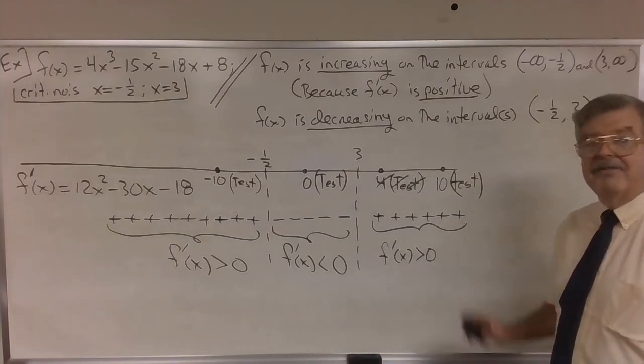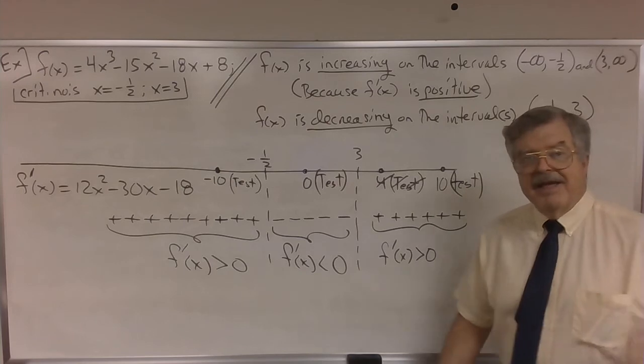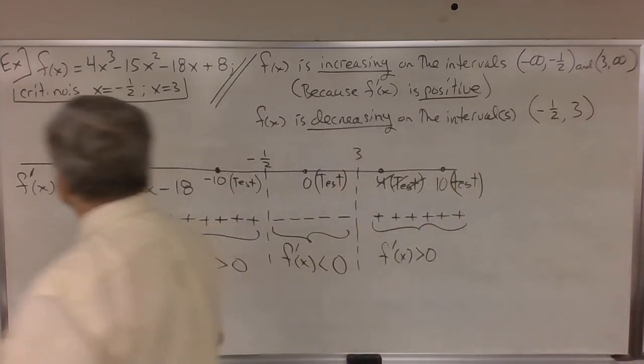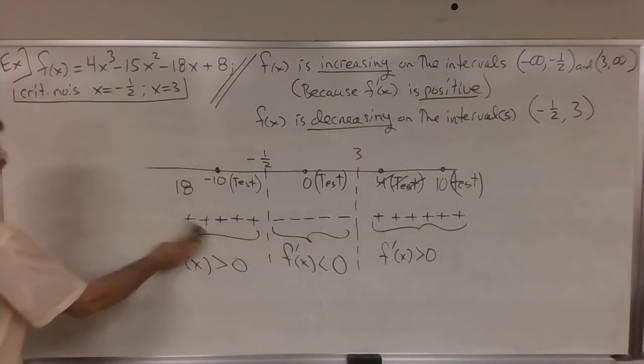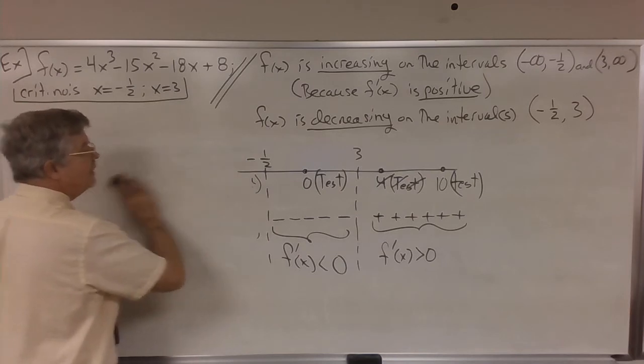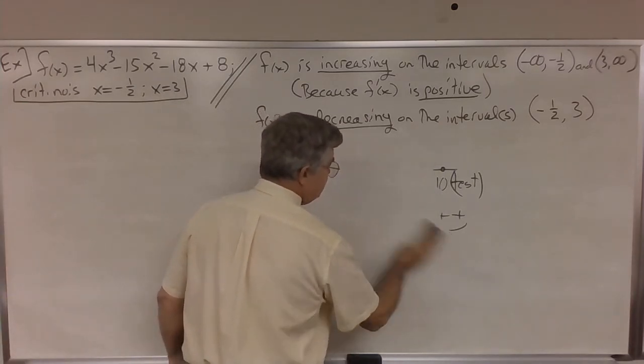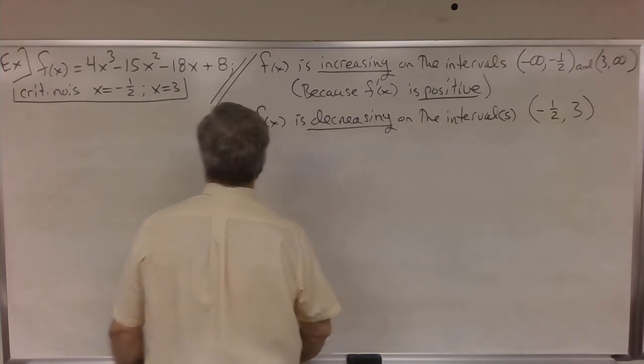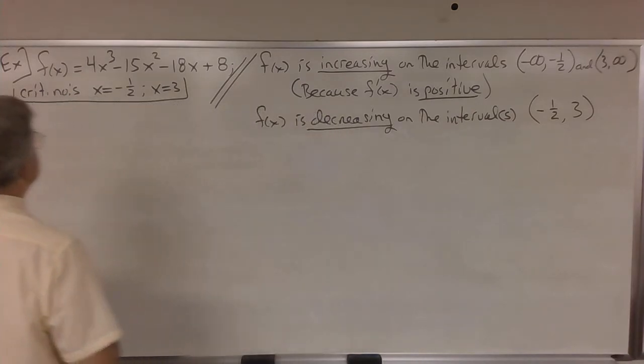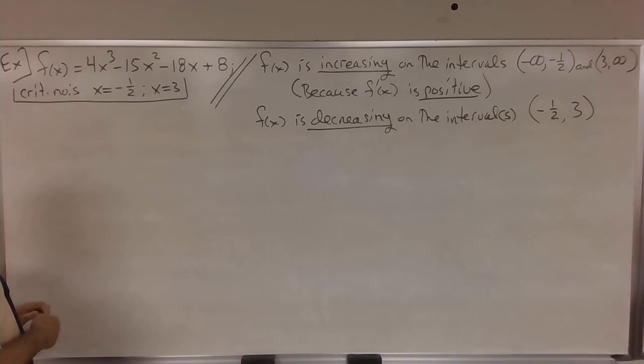And believe it or not, this was the hard part. It's all downhill from here. All I have to do now is find my relative maximums and relative minimums. And do you remember how it is that we do that?